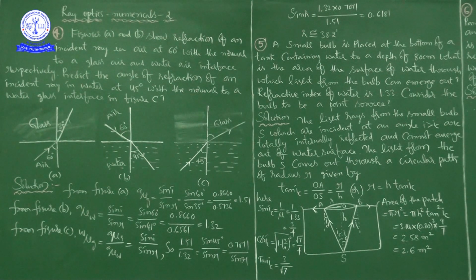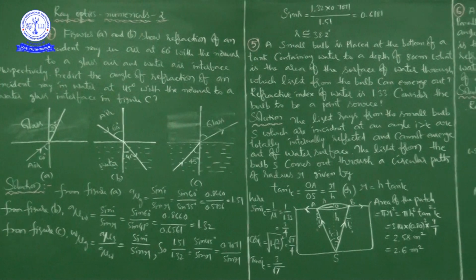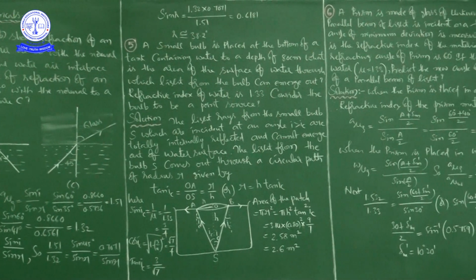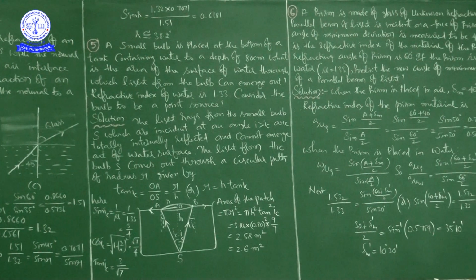Based on these two, we concluded that the area of the patch is 2.6 meter square. Next problem, problem number 6. First I will read the problem, then we will go for the solution.